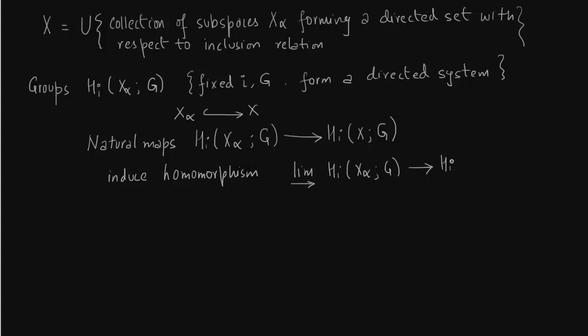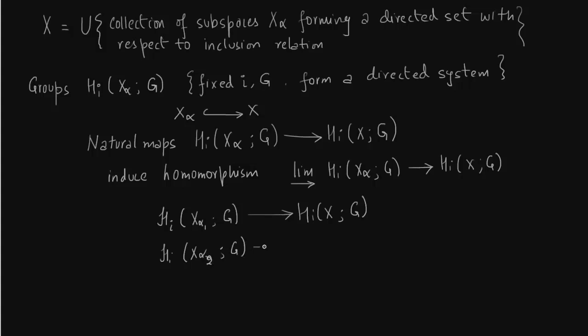Obviously you have seen the direct limit is nothing but a disjoint union modulo some relationship. So what is the disjoint union? The disjoint union occurs over all these directed sets. You take X_alpha1, which is included in the map above into the direct limit. Then X_alpha2 is also included above in the direct limit, because the direct limit is nothing but a sum. This is alpha 2 and again this goes to H_i(X;G). So the direct limit is nothing but this direct sum and the sequence of homomorphisms we have.